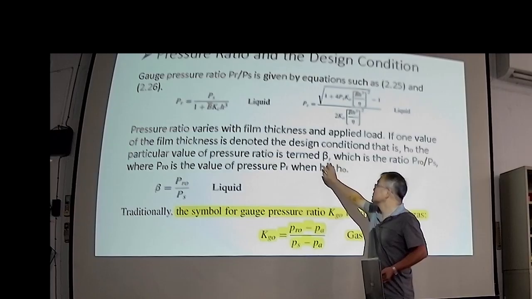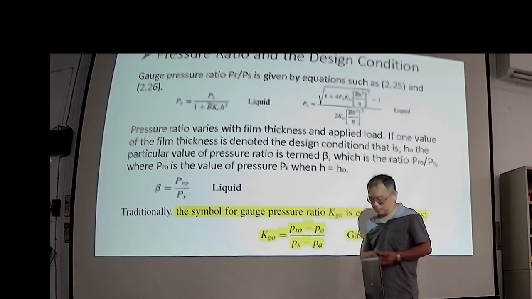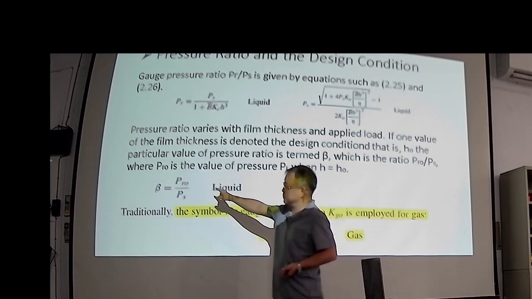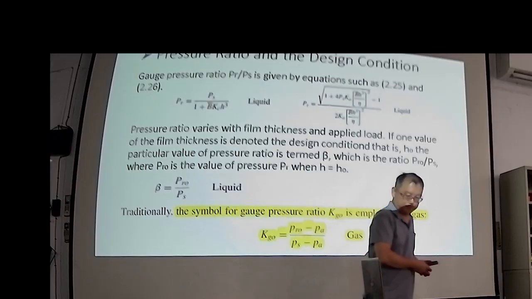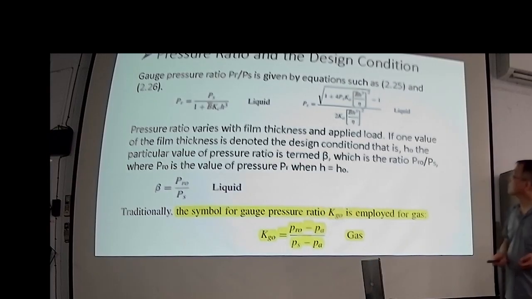So the beta naught is the value of the recess pressure ratio at H equal to H0.